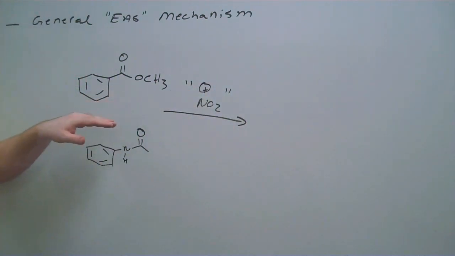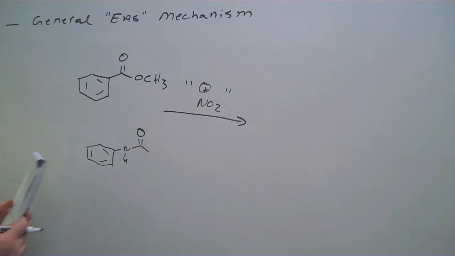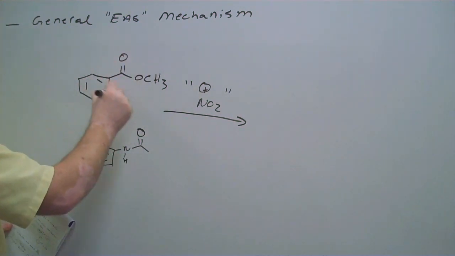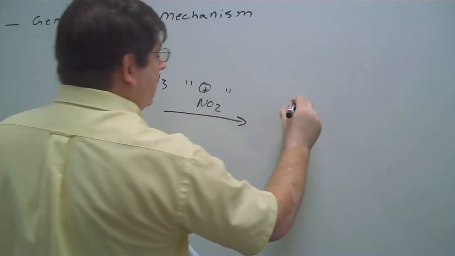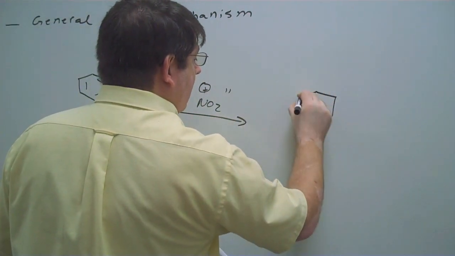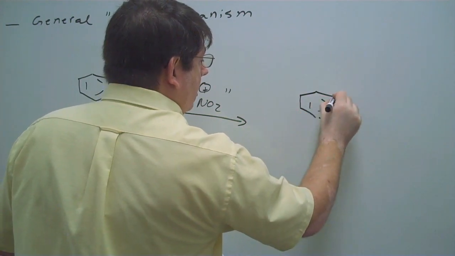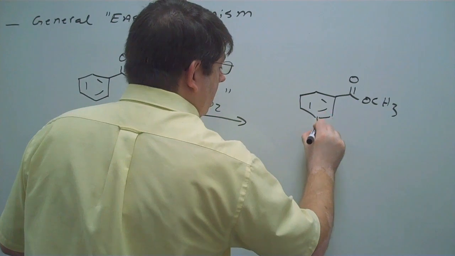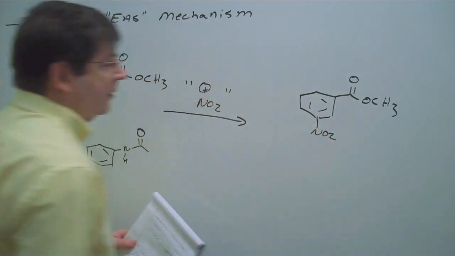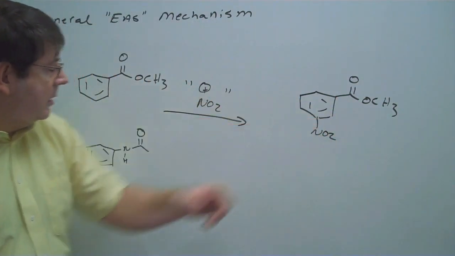And you're going to see which one you get. Now, of course, methyl benzoate has an electron withdrawing group on it, and so it's a meta-director. So the product that one would get from nitration of that would be the meta substitution pattern.